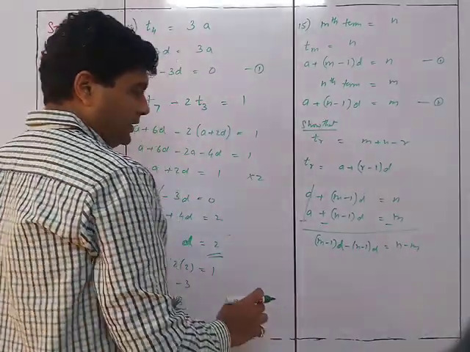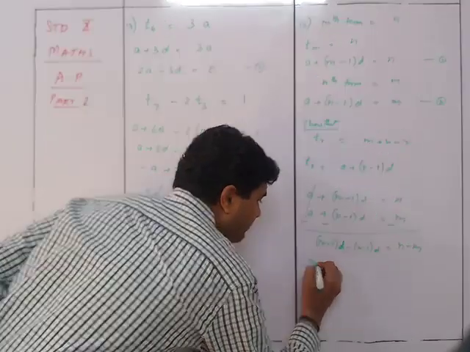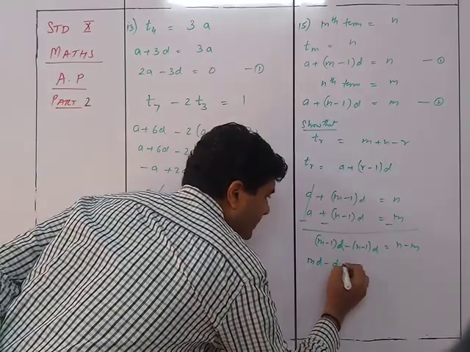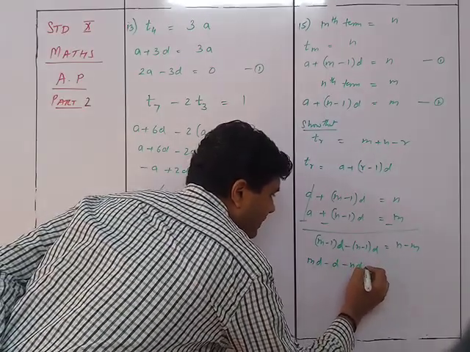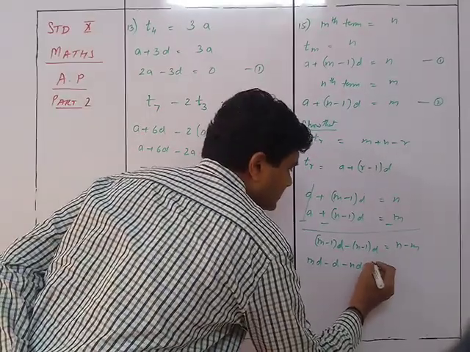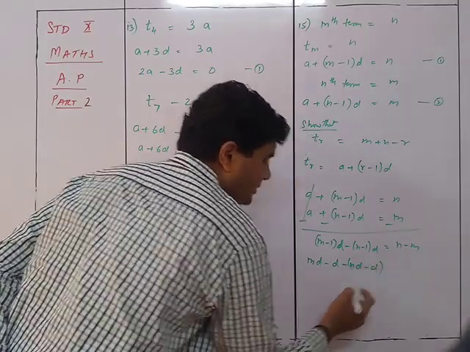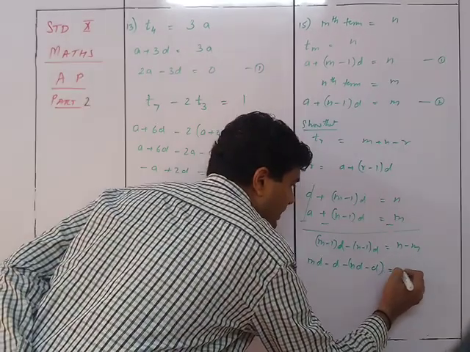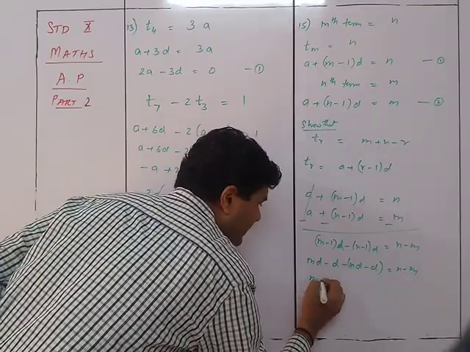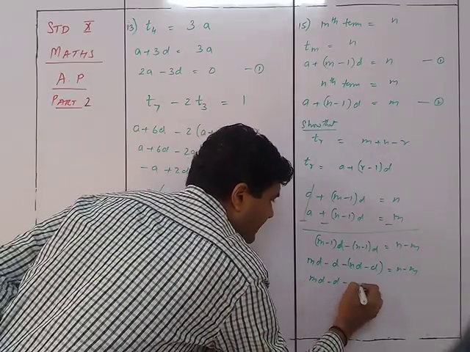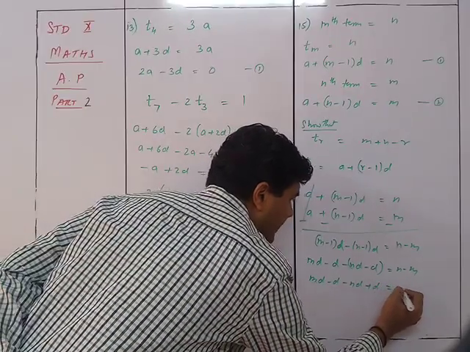Taking this, it will be md minus d minus nd plus d is equal to n minus m. So d and d get cancelled. So d common, we get (m minus n) into d is equal to n minus m.